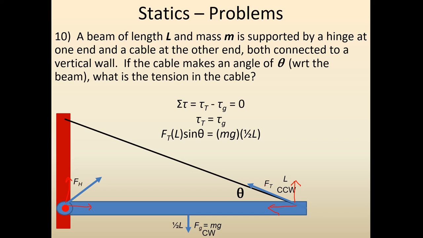So I have Ft, the force, times its distance, L, times sine of the angle it's acting at. And that's going to be equal to mg of the board times 1/2 L, where it's located. I can cross out L's, I can simplify, and I end up getting mg divided by 2 sine theta. So that's what the tension would end up being.